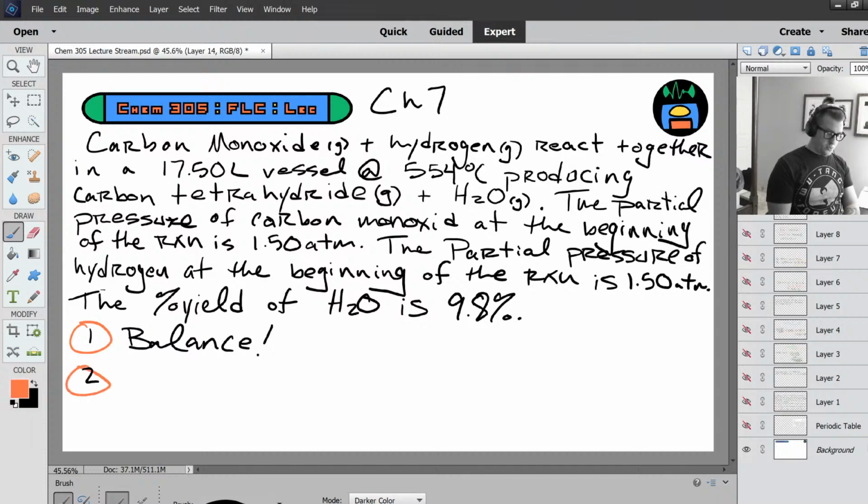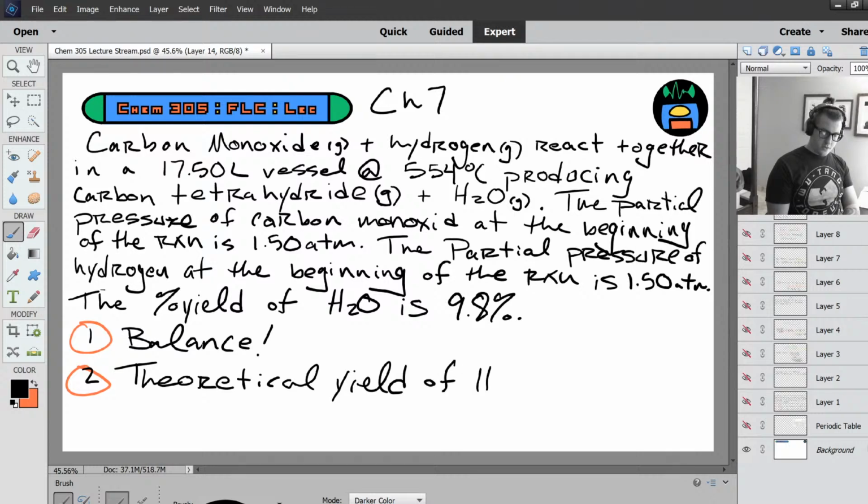Step number two, we're asked for the theoretical yield of water in grams. And then finally, we are asked to calculate the actual yield of water in grams.